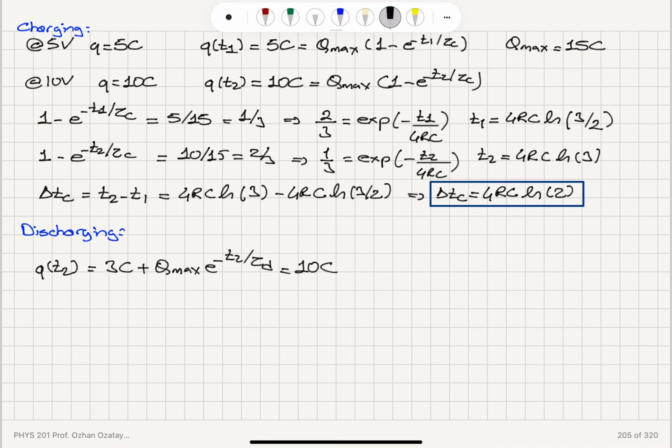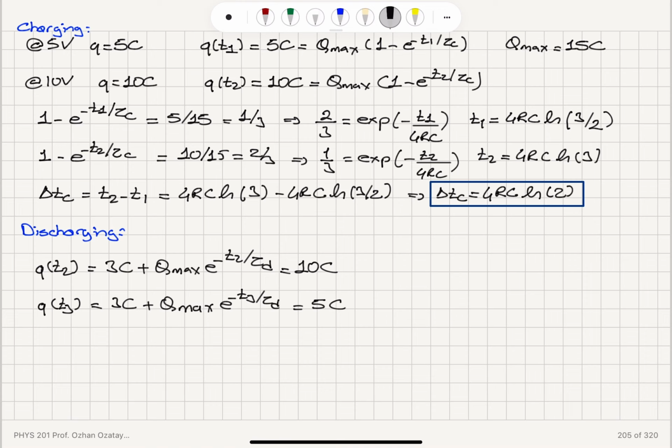So first I start at 10 volts, and then at time T3 I reach 5 volts. So 3C plus Qmax e to the minus T3 divided by the discharge time constant must be equal to 5C.